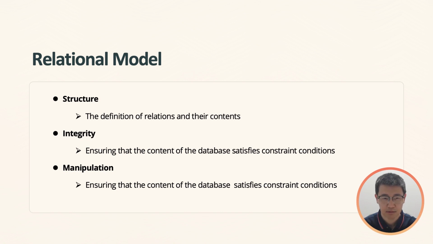Firstly, let's talk about structure, which refers to the definition of content within. This includes the attributes a relation has and the values contained in those attributes. For example, if we have a relation with three attributes, it's just what we are talking about.